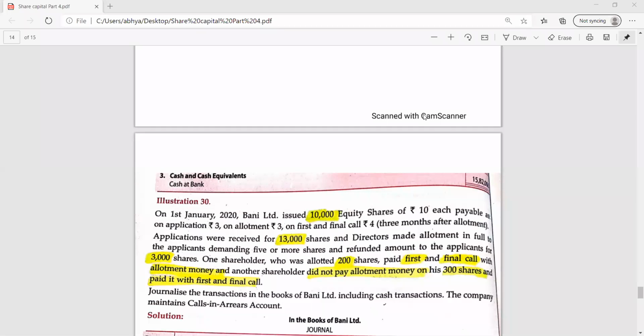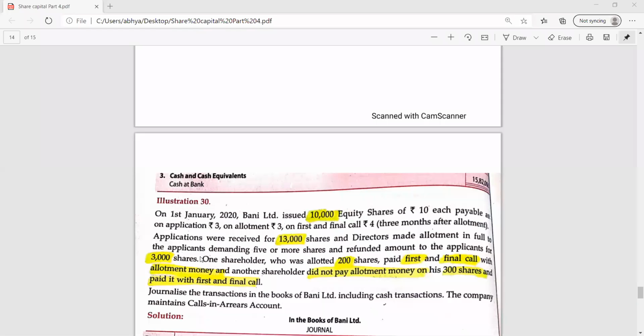So make a small table of applied and allotted. Applied 13,000, allotted 10,000. Under it, applied 10,000 and allotted 10,000; applied 3,000, allotted 0, rejected. So 3,000 are rejected. Till here, you can do the first 2 entries.